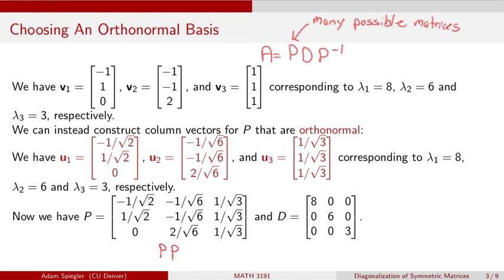So when we take the product of P with P transpose, we're going to get the identity matrix. When I take the product of P transpose and P, we're going to get the identity matrix back. So it actually winds up being the case that P transpose is the inverse of matrix P.